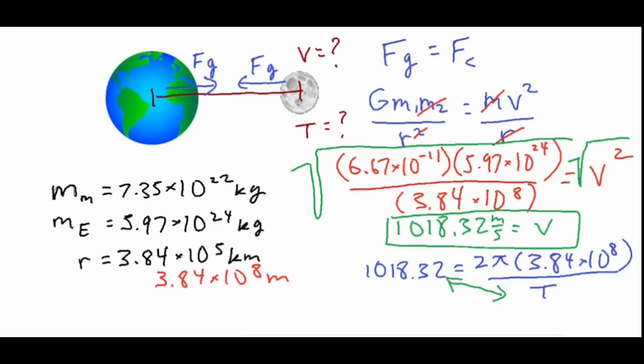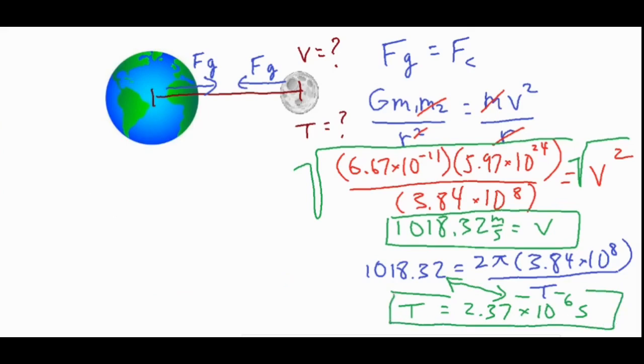And if you just cross multiply these two, then you get your answer. And then your capital T, which is your period, comes out to about 2.37 times 10 to the 6th seconds. Okay, and there's our second answer right there.